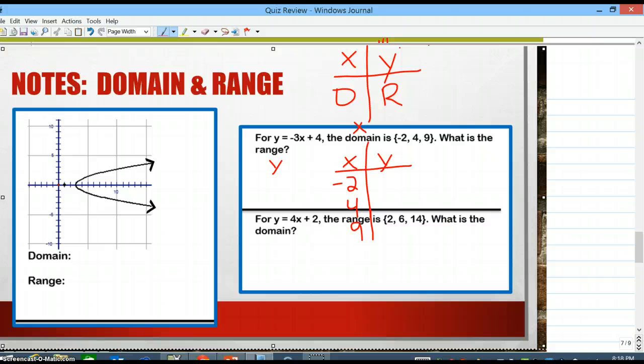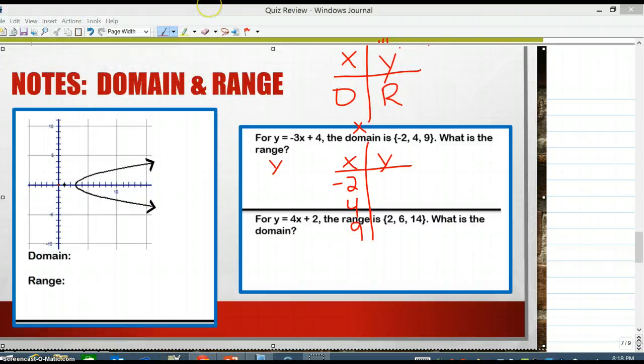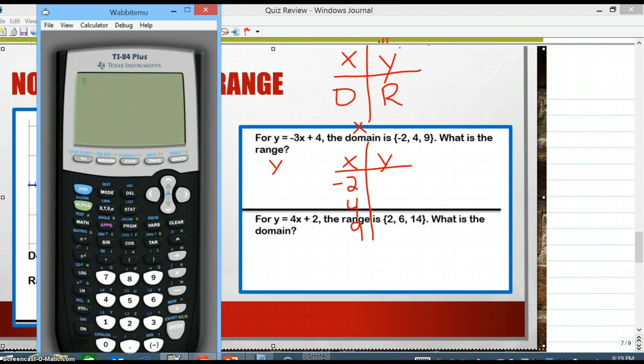So I don't want to do any work. All I'm going to do is go to my calculator. I'm going to go to y equals, and in y equals, I'm going to type my equation, negative 3x plus 4. Then I'm going to press second graph, and I'm going to look at these different x values.